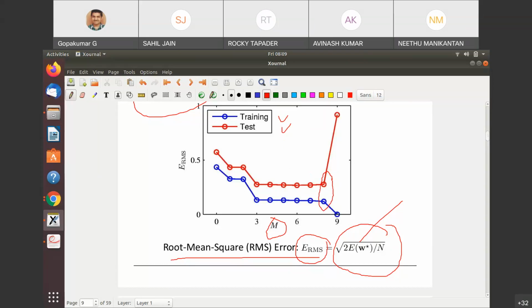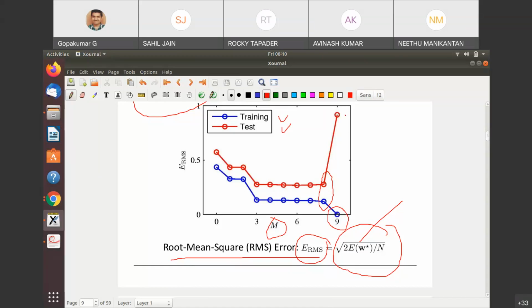Whenever overfitting occurs, the training error is almost zero. So when we look at the training, it seems a very well trained, the best model that we can build.